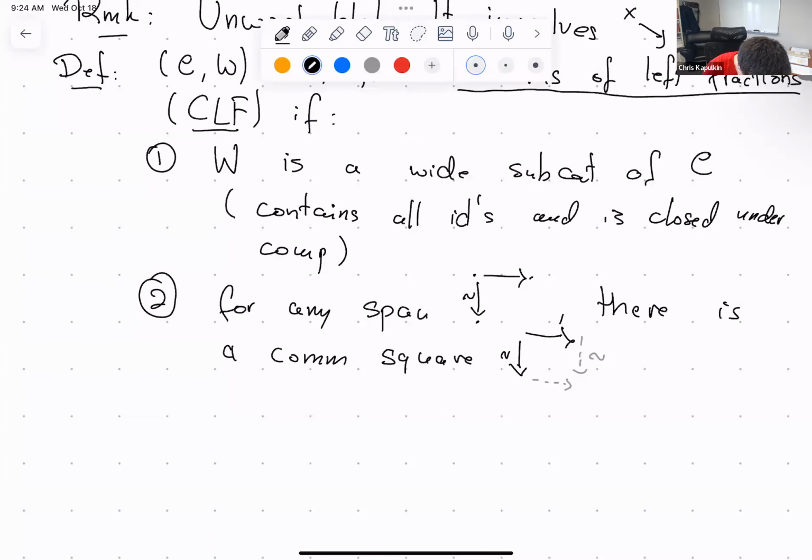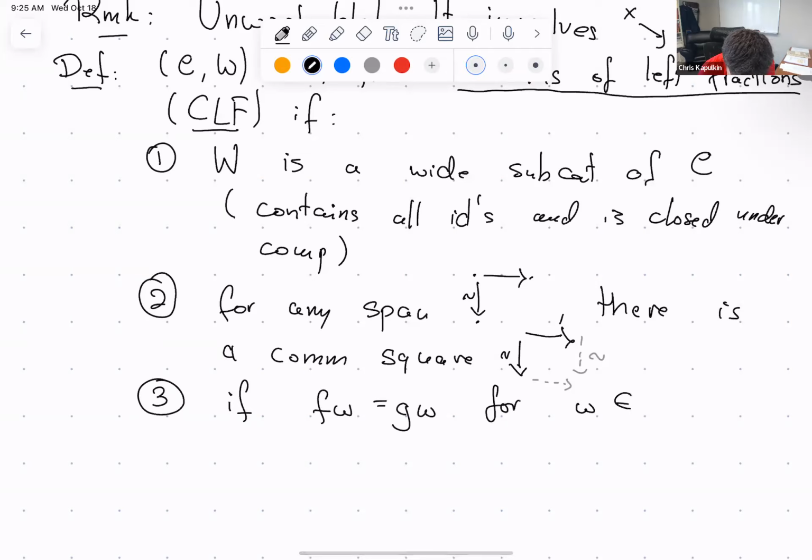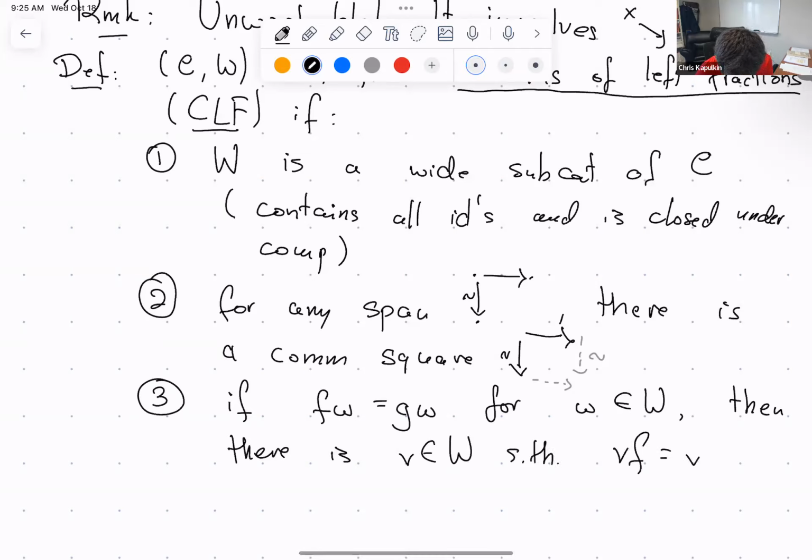And for the grande finale, if FW is equal to GW for W in W, then there is V in W such that VF is equal to VG.